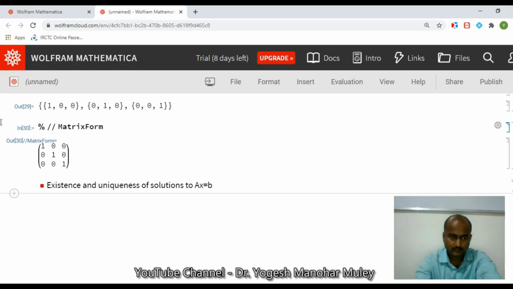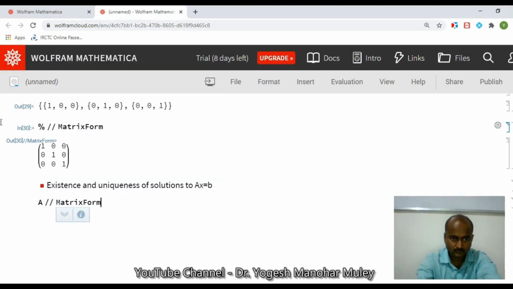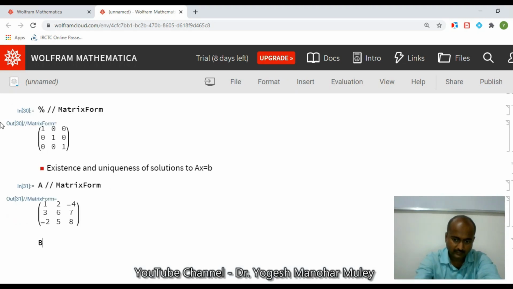Again we have seen A which has an inverse, so I will use the same matrix. For B I will use some other entries, which is the right hand side of our equation.